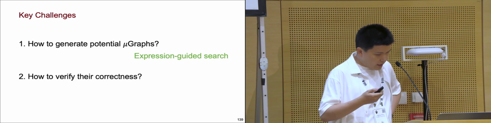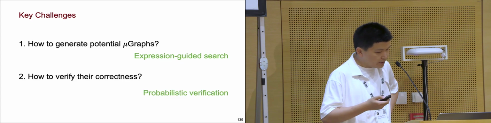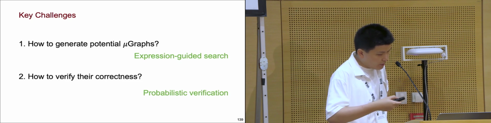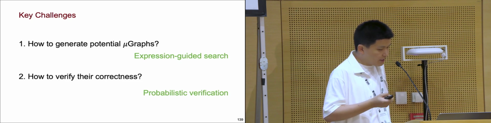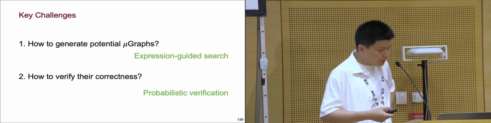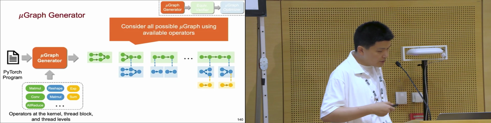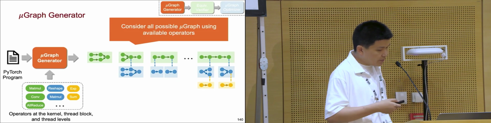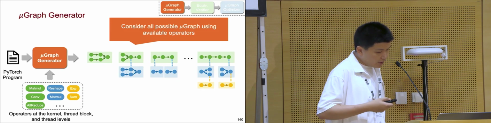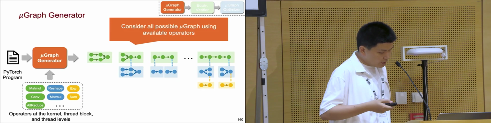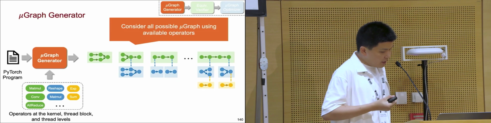Now let's take a look at how Mirage will automatically generate optimized kernels from end to end. Here is an overview of Mirage. We take a PyTorch program as an input, and it will automatically generate a variety of mu graphs that may be functionally equivalent to the input program.